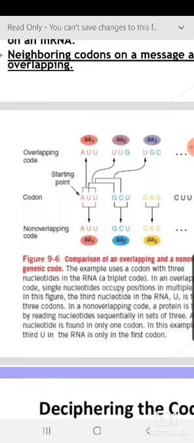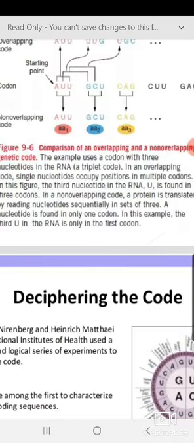But if it is read in a non-overlapping fashion, then only one amino acid should get disturbed. In reality, when they examined the protein, they found that only one amino acid was disturbed, not 3. Therefore they came to the conclusion that codons are read in a non-overlapping fashion.